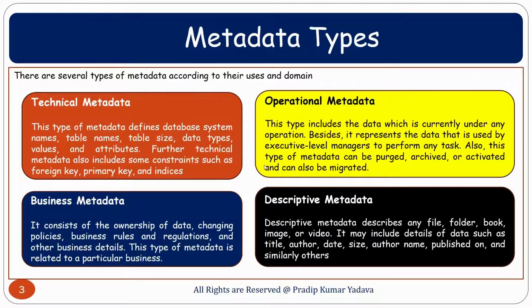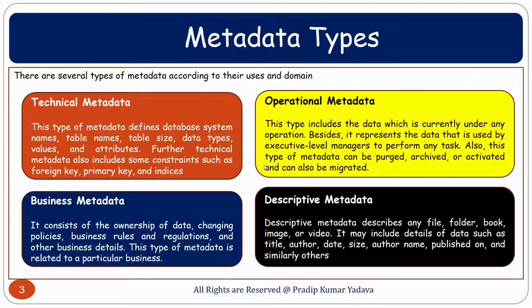Operational metadata includes the data which is currently under operation. Business metadata consists of the ownership of data, changing policies, business rules and regulations, and other business details.